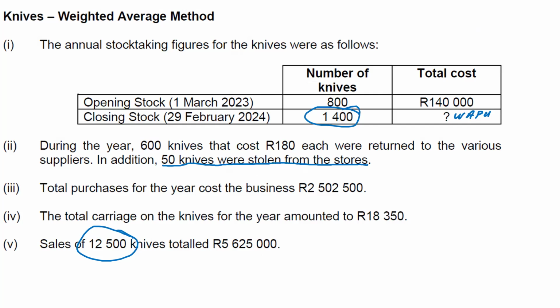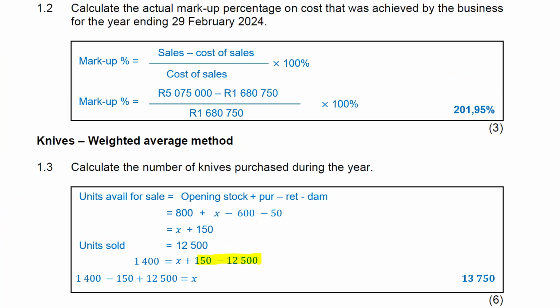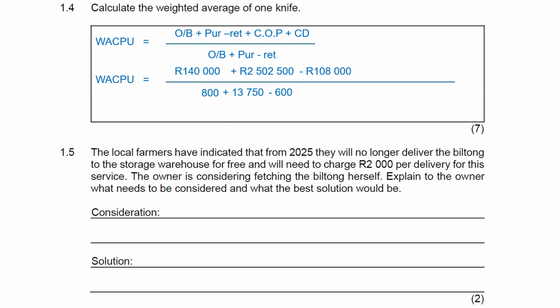If you're wondering where I got the value of those knives that were returned, they gave you the value. They said 600 knives that cost 180 each were returned. So you just take that 180, you multiply it with the 600. It'll give you the value of those knives that were returned, and that'll be 108,000.